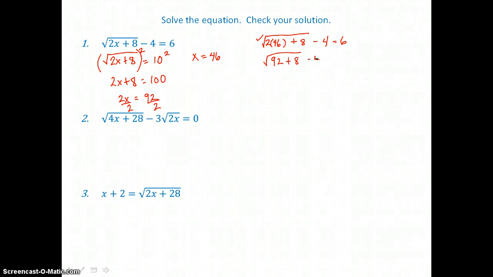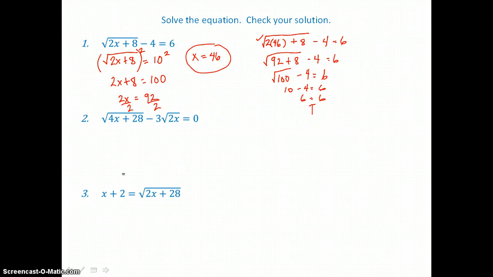And then underneath that radical, I have 92 plus 8, which is 100. And we know that the square root of 100 is 10. And 10 minus 4 is equal to 6. So I get a true statement again, and I know that my solution, x equals 46, is good.